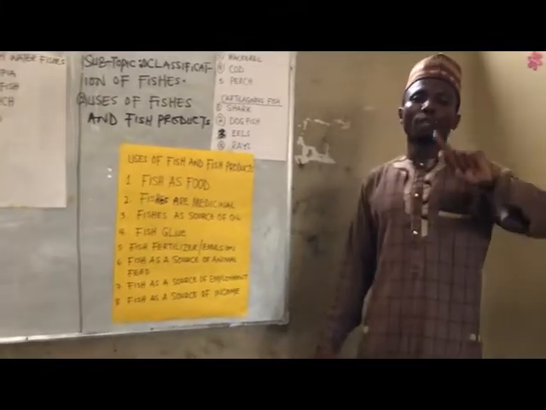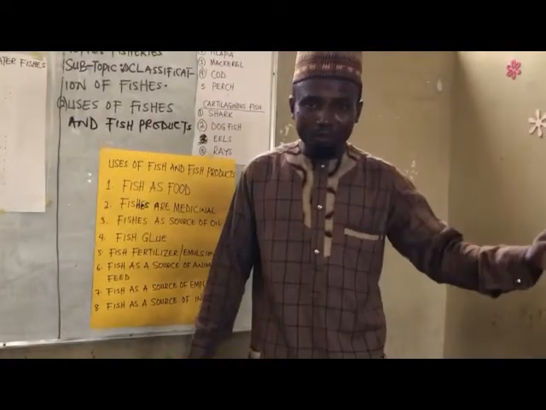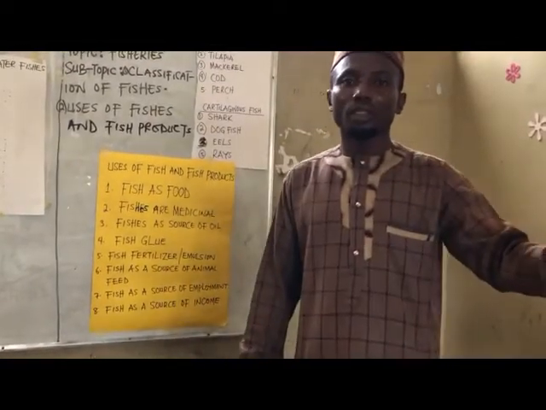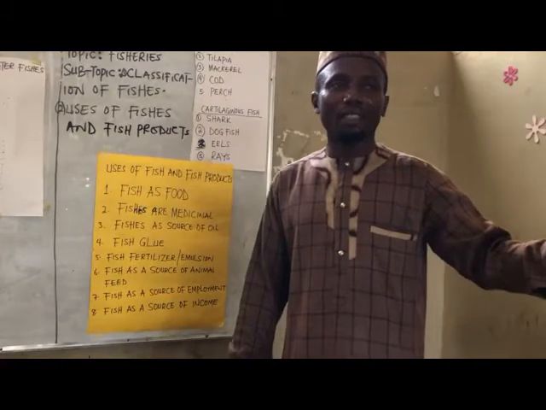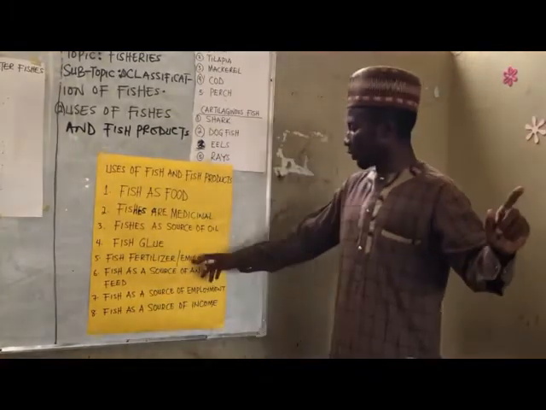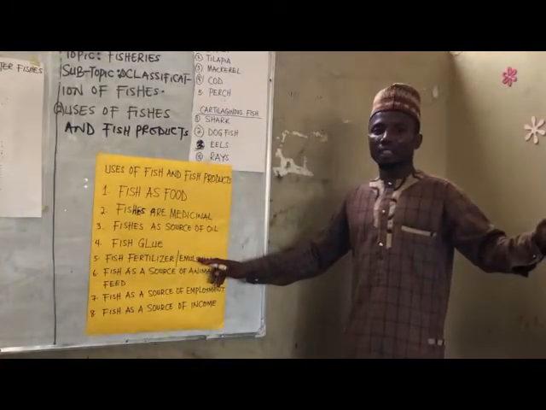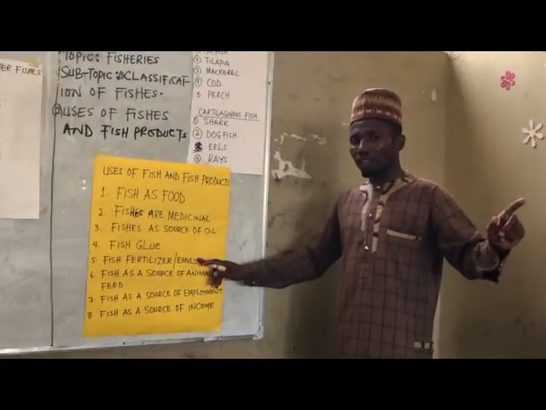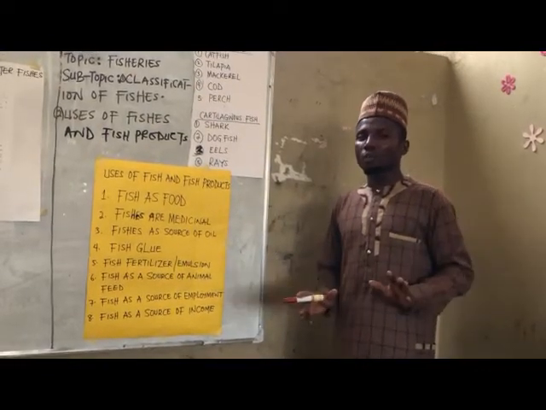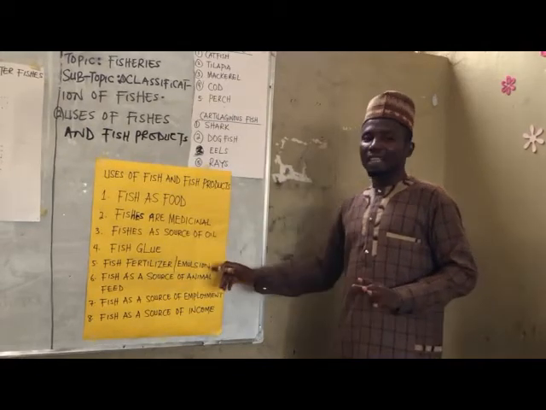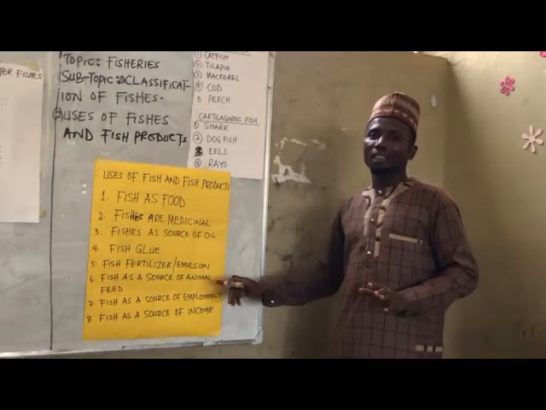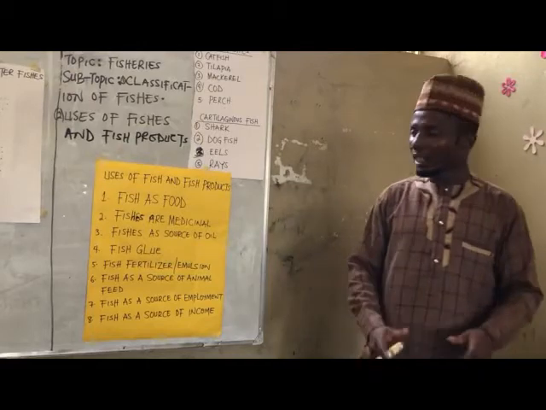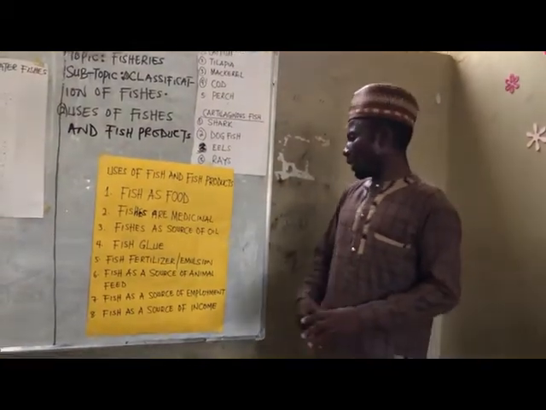That steam will be collected as emulsion when it condenses. And that is what we refer to as fish fertilizer. It can improve the fertility of the soil.